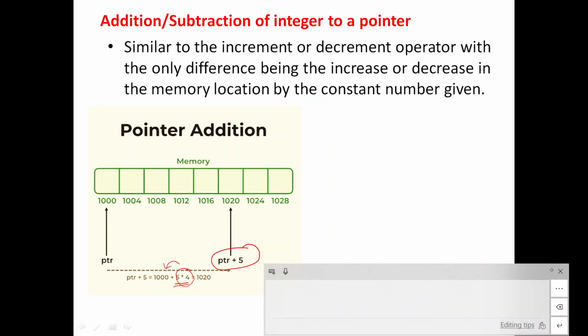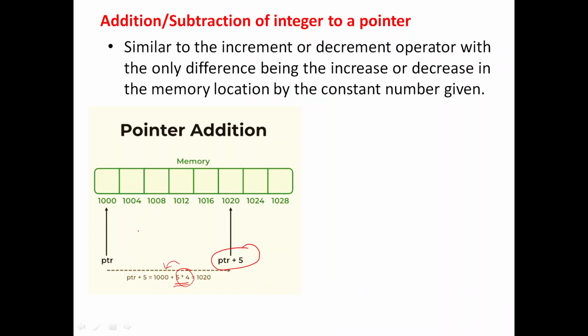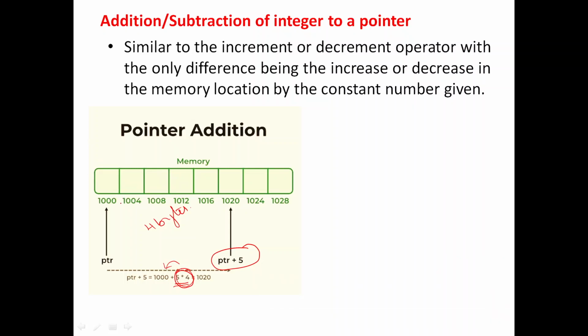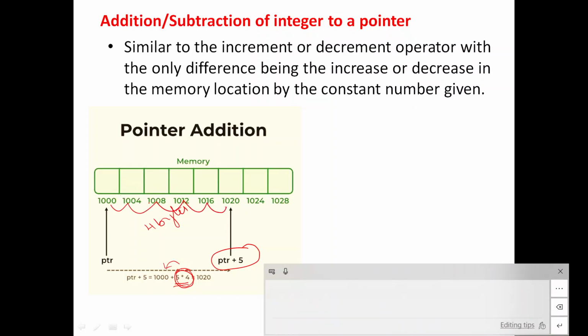Here our pointer is of integer type, and the size of an integer is 4 bytes. To add 5, we have to multiply 4 with 5. So whenever we add 5 to the pointer, it moves 5 locations ahead, and each location occupies 4 bytes, so we have to multiply with 4.